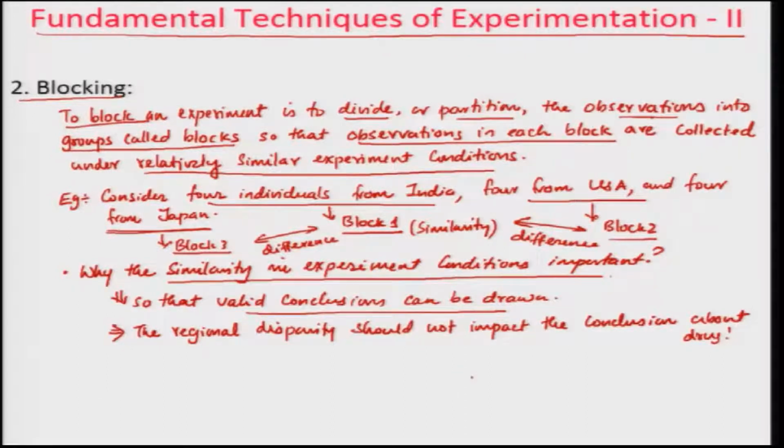Then you take that and put it in India and USA, where BP is a much more complicated problem, and the drug might be effective in Japan purely because the people to begin with did not have that much BP, while in India and USA it might not have been that effective because the people had much more serious blood pressure related issues. So to avoid regional disparity impacting the conclusion, that's why we do blocking.